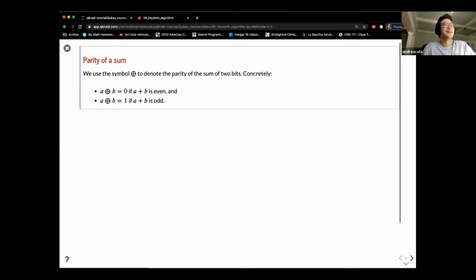Classically, you need 2 queries to determine with certainty whether f is constant or balanced. We will show that quantumly a single query to f is sufficient. So this is the setup of the problem.